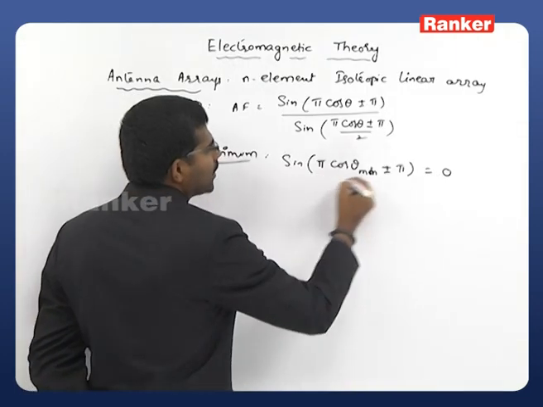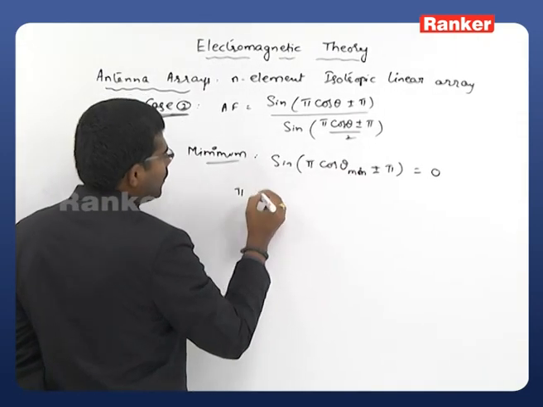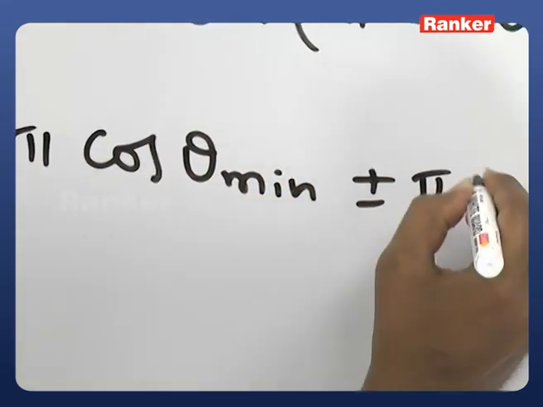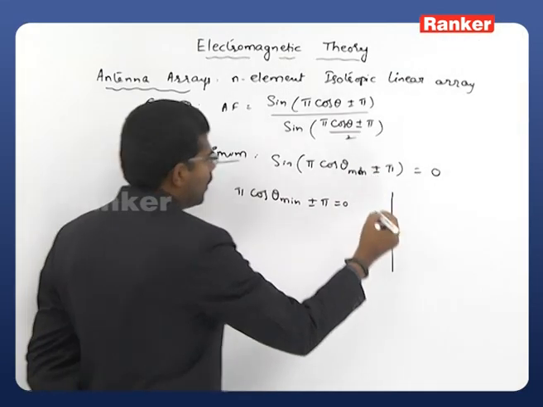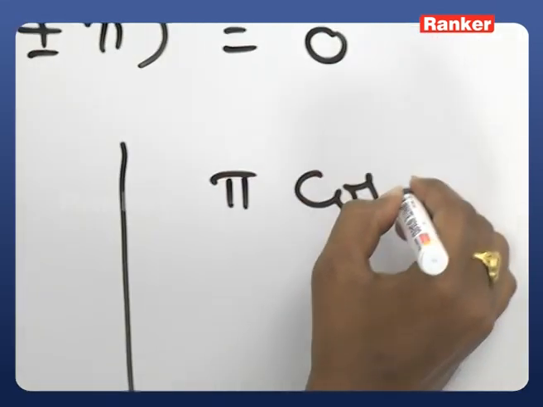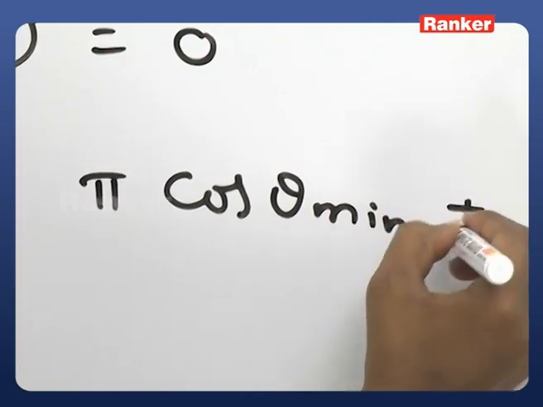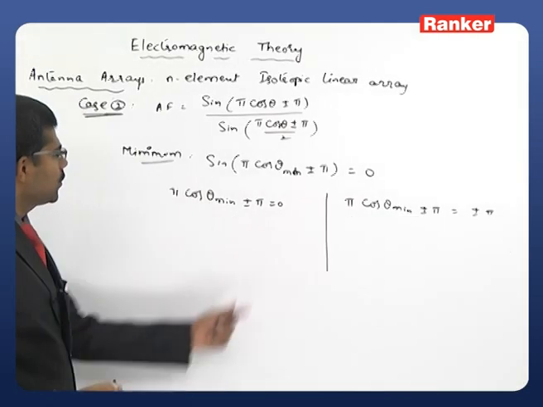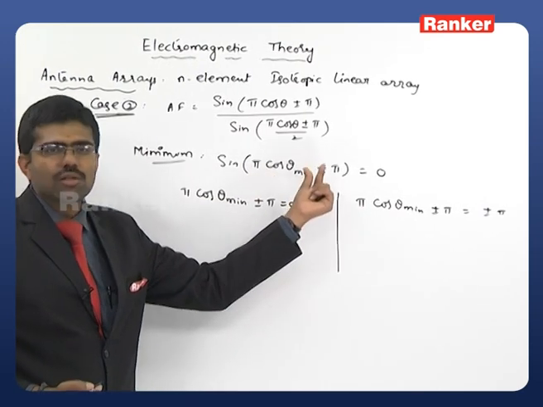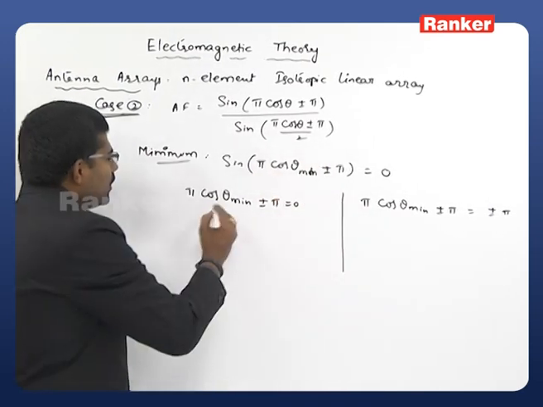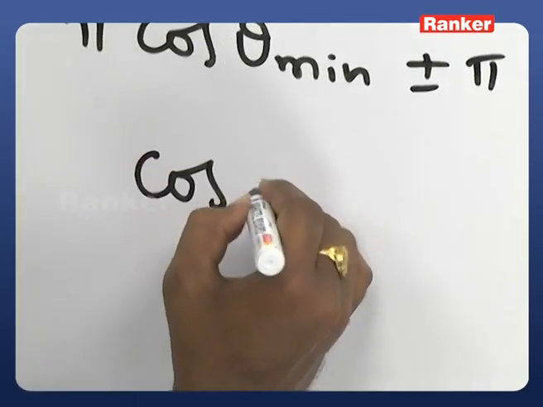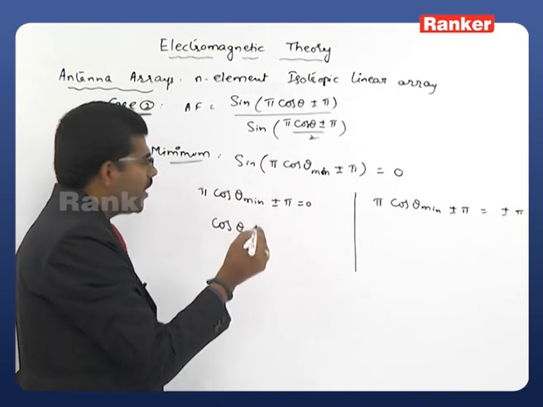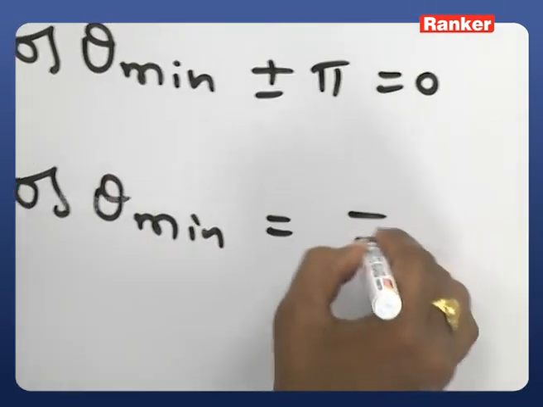Now this entire term simplifies to pi cos theta minimum plus or minus pi is equal to 0, or pi cos theta minimum plus or minus pi is equal to plus or minus pi. That is what you have. So if you substitute 0 here, you will get 0, plus or minus pi also you will get 0, right? After simplification, cos theta minimum is equal to this plus or minus, go to the right hand side, minus r plus pi will be cancelled, which is equal to minus r plus 1.